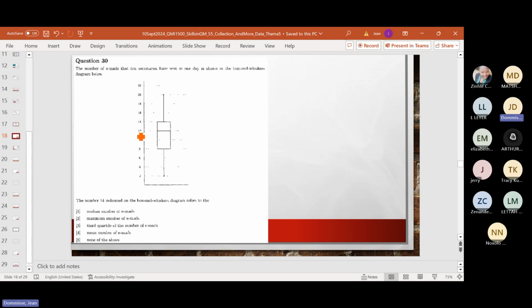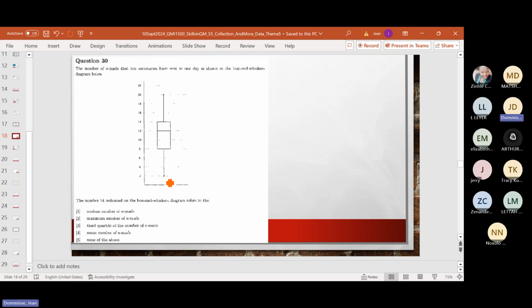But so let's look at some of this information. They tell us here the number of emails that 10 secretaries have sent in one day is shown in the box and whisker below.